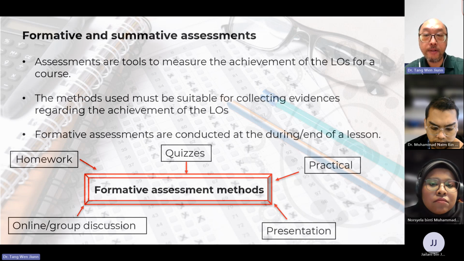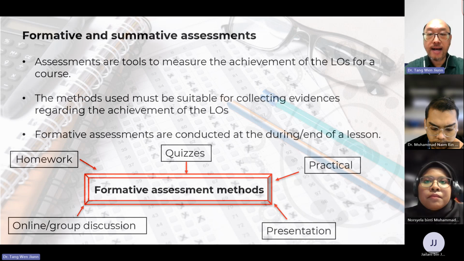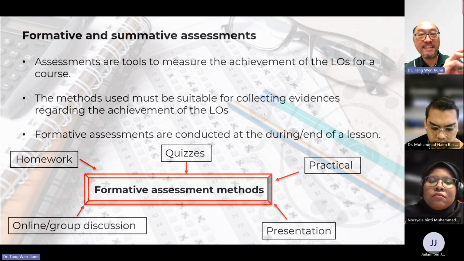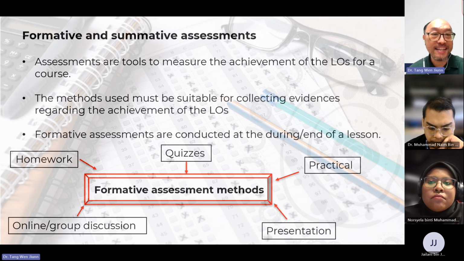For example, the presentation here is mainly where you ask the students to present what you just delivered earlier. That is formative. But if you give a task for the students to come up with a presentation that is related to your continuous assessment, then that is summative.